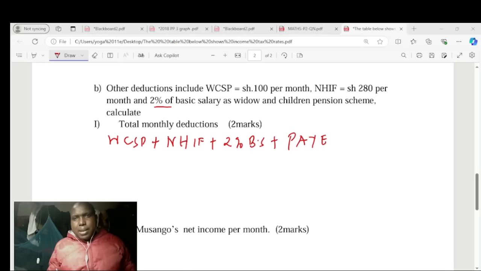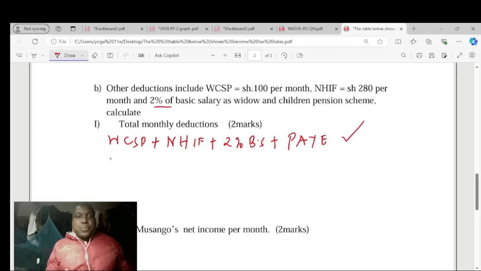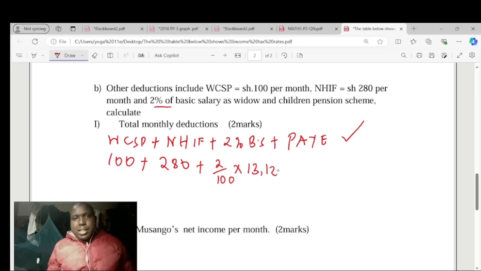All of these are called deductions. So this is 100 plus 280 plus 2 over 100 times basic salary, which is 13,120, plus pay. Our pay that we got here was 1794.